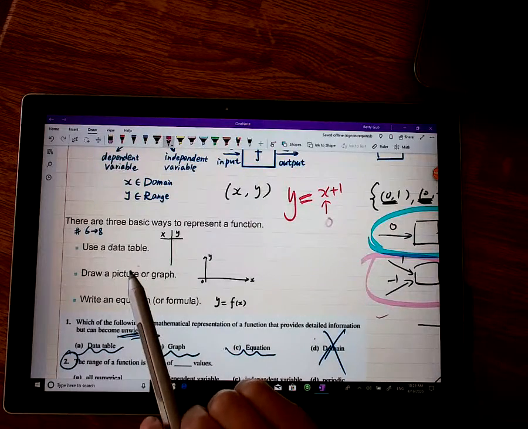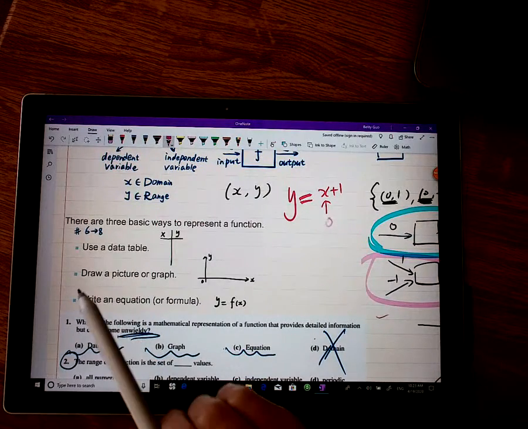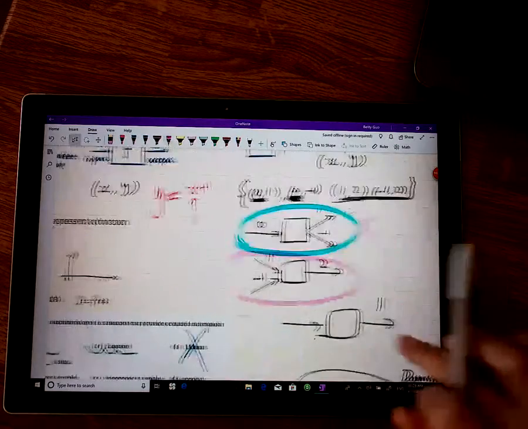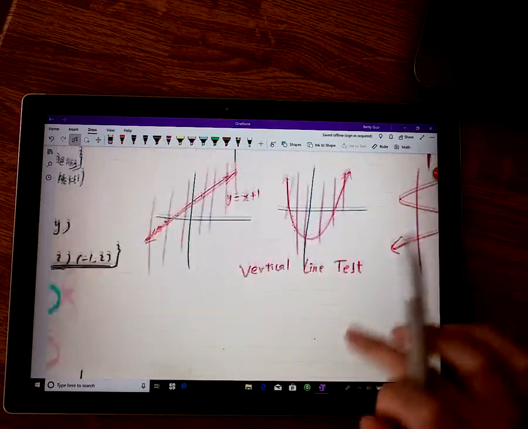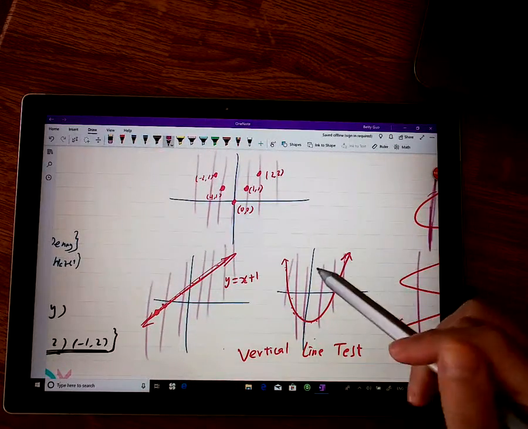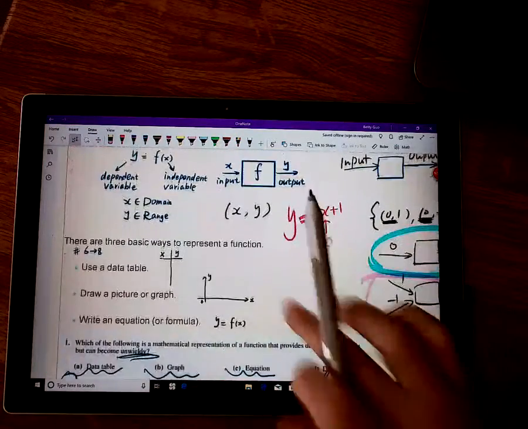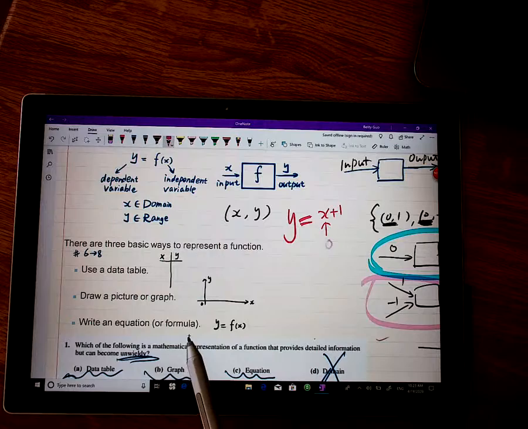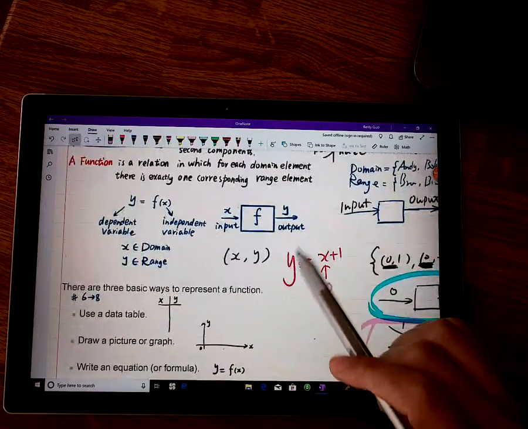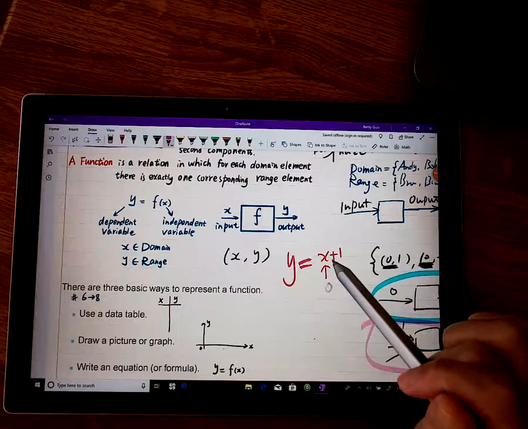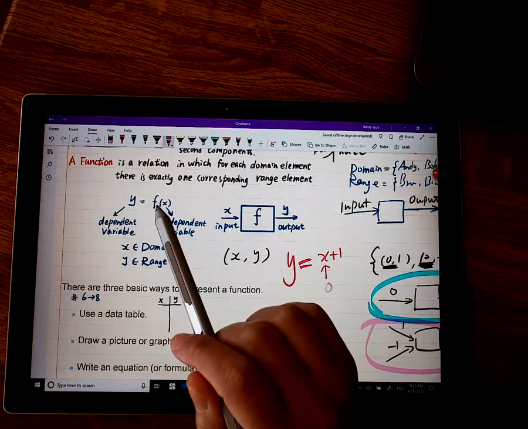Second bullet, draw a picture of a graph. So did I give you examples of functions? They could be graphs. Number 3, write an equation or formula. That's what we talked about earlier. Like the straight line, y equals x plus 1, or y equals f of x, right?